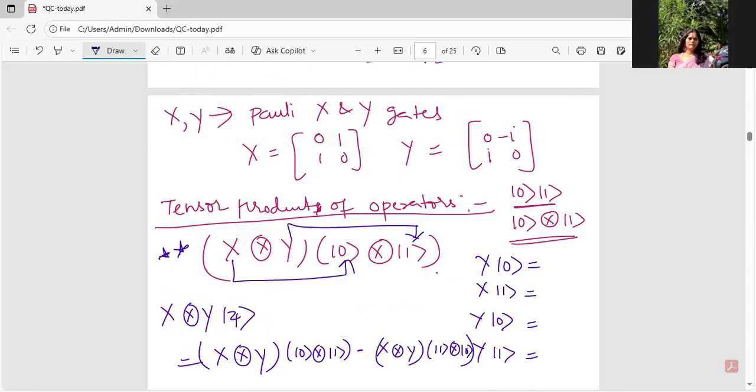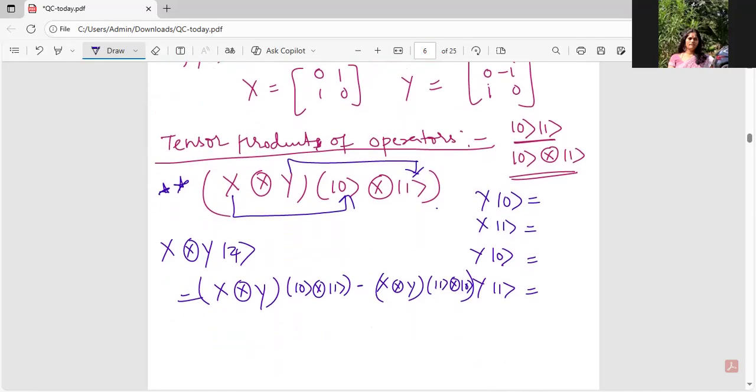That shorthand notation you expand and write now so that things are clear and I can clearly apply the property. Now what happens? Very simple. X on ket 0, and it's just normal multiplication, guys, Y on ket 1, minus X on ket 1 and Y on ket 0.